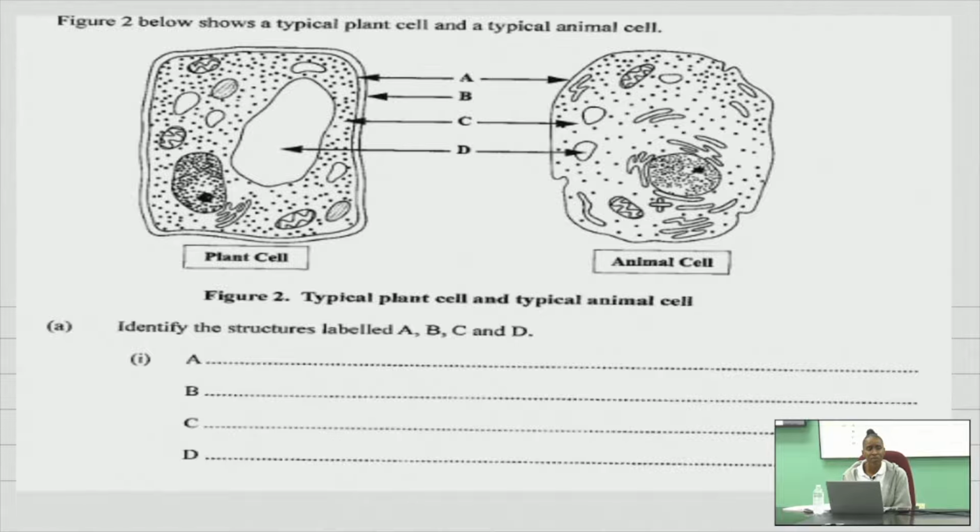Then we have B, which is our cell wall, which helps with the structure or the shape of the cell to give it that fixed shape, and it also helps with preventing the cell from bursting. All right. The next thing we have is our cytoplasm. Now, our cytoplasm is a jelly-like structure where we will have our organelles found within.